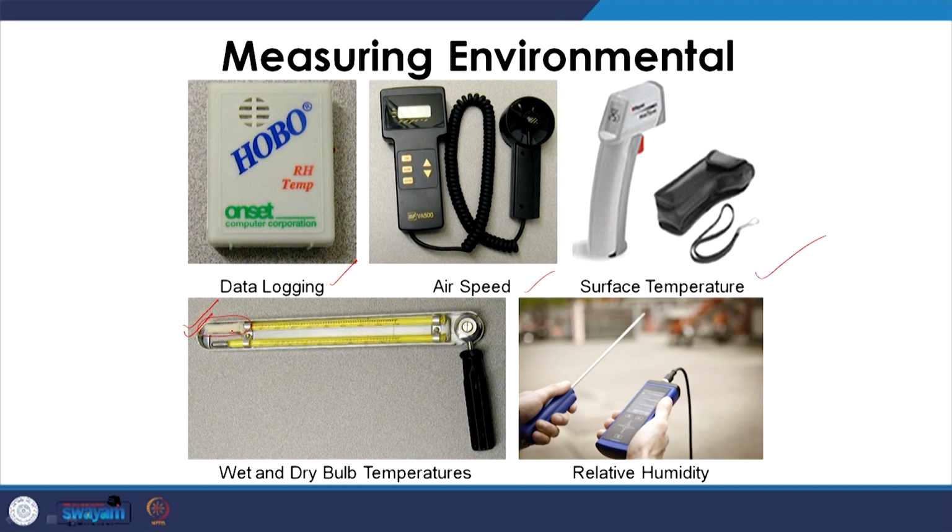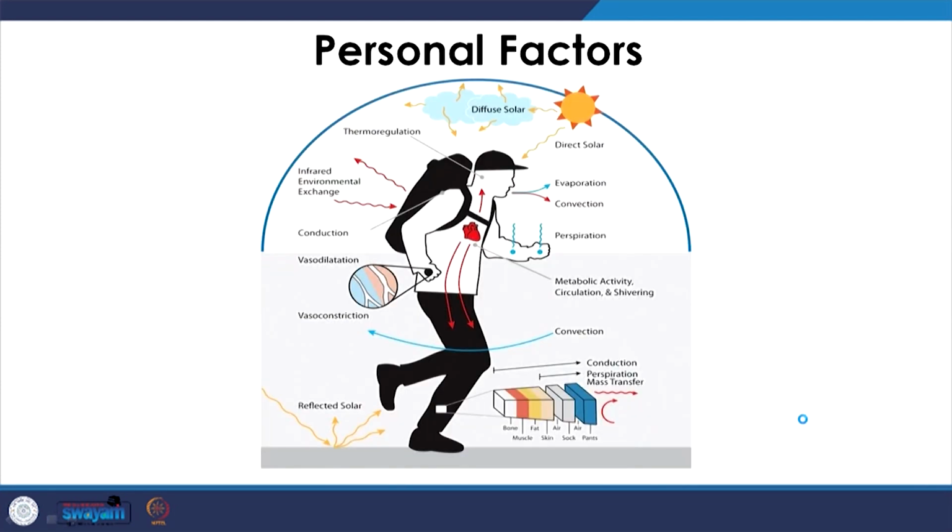So, it takes into account the rate of evaporation and hence the impact of the presence of humidity on the temperature, which is the wet bulb temperature. And then we have relative humidity, which is measured.